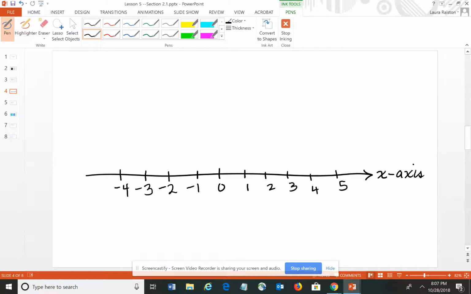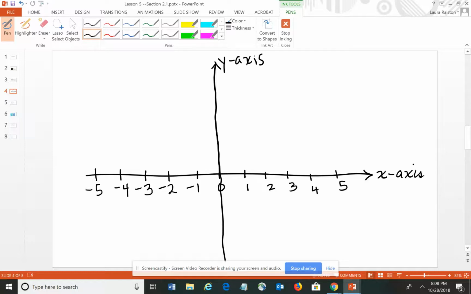And then we have a second number line which runs vertically, and they intersect at 0. So I have the y-axis, which is a vertical number line, and again they intersect at 0.